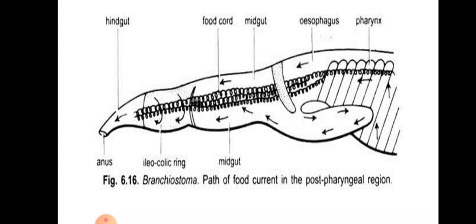The food is laden with the mucus which is secreted by the endostyle, and this mucus-laden food cord gets moved with the help of beating of the cilia, and from the midgut it comes back to the hindgut, and in the hindgut again it gets rotated a couple of times because of the ileocolic ring. Just observe the arrows, and that denotes how the food is moved, and from the ileocolic ring it passes into the rectum and finally through the anus.